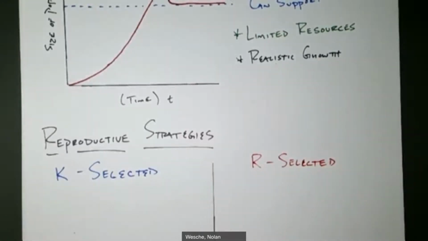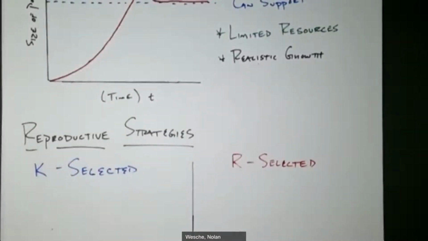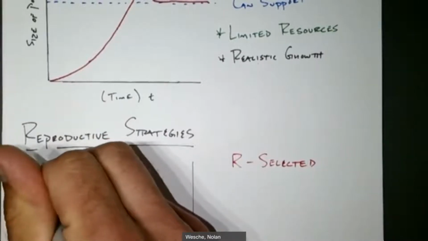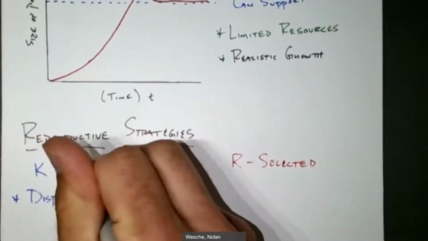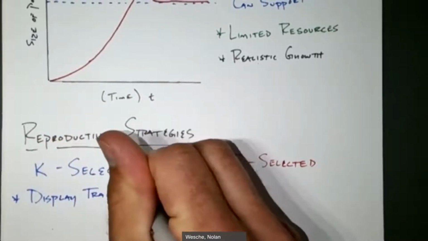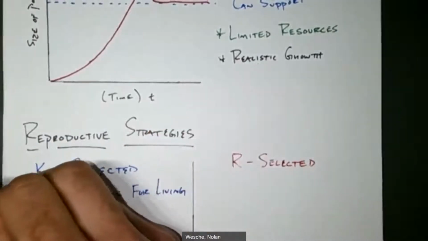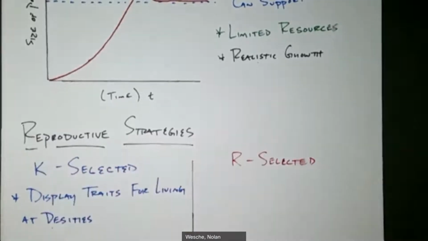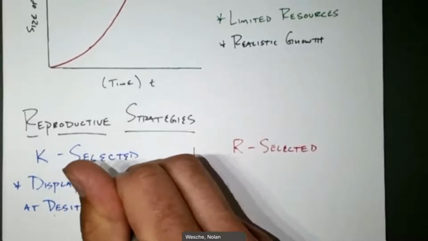And our K-selected, that comes from this variable K for carrying capacity. So again, what we'll say is K-selected, they display features or traits for living at population densities close to the carrying capacity.